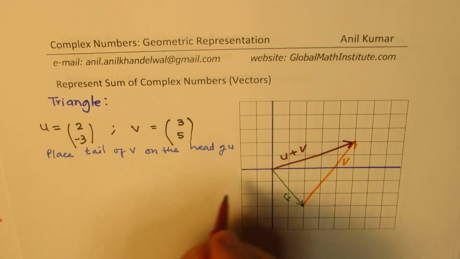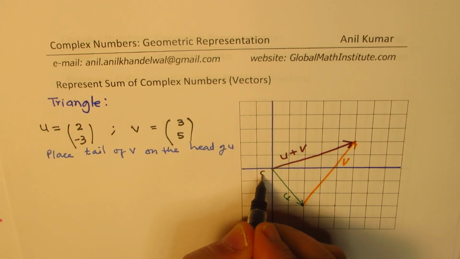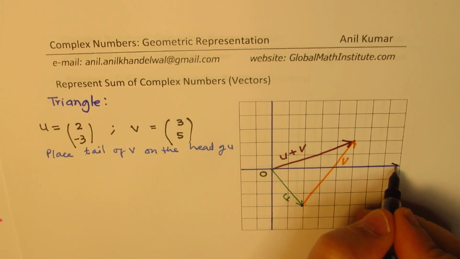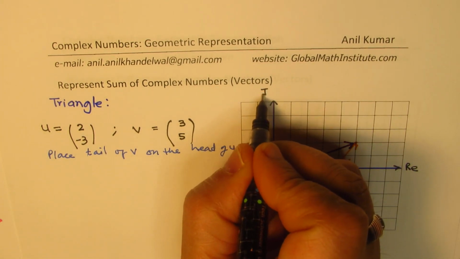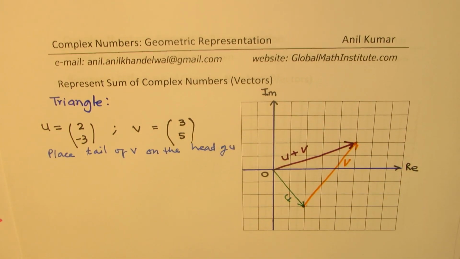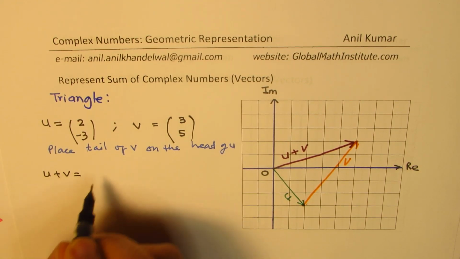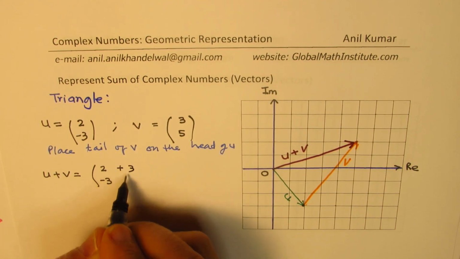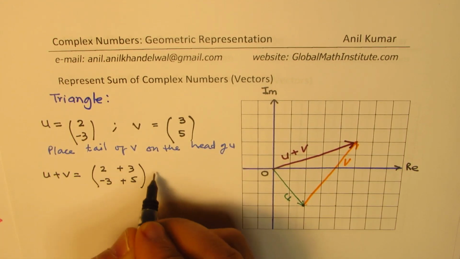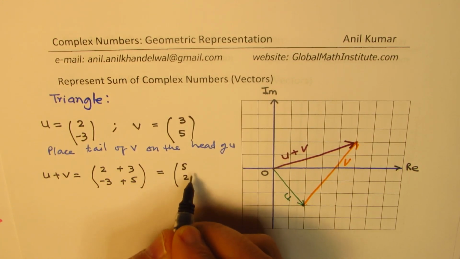Is that clear to you? This is from the origin O. This is our real axis, and that's the imaginary axis of our complex plane. You can also see that u plus v will be 2 minus 3 plus 3, 5, which is 2 plus 3 is 5, and this is 2.